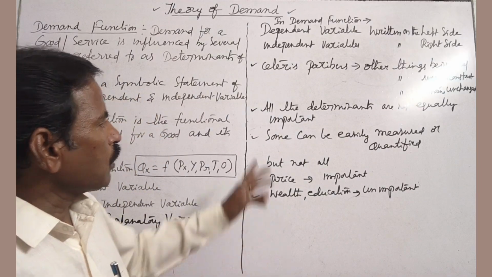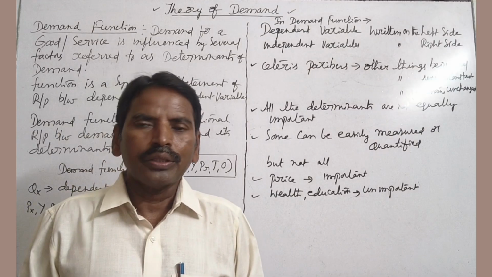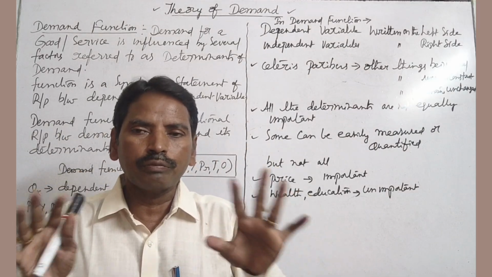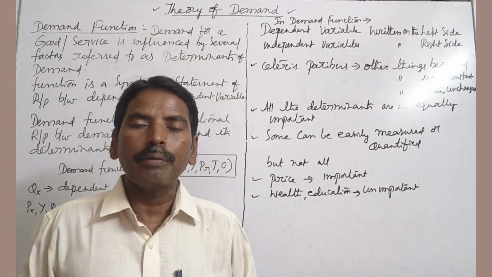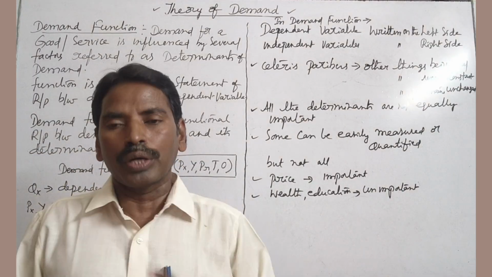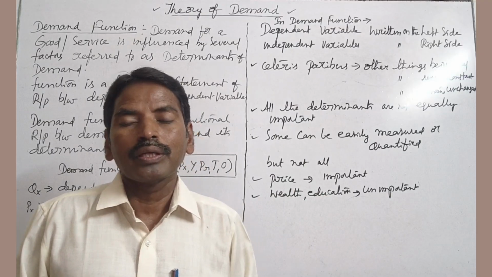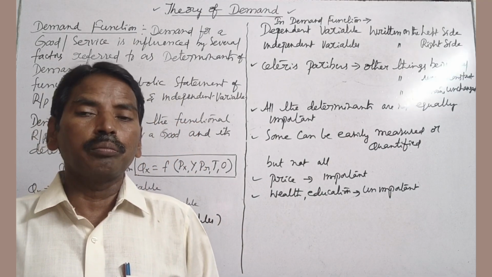Next, all the determinants are not equally important. There are so many determinants which influence the demand for a commodity. Some are important determinants, some others are not so important.